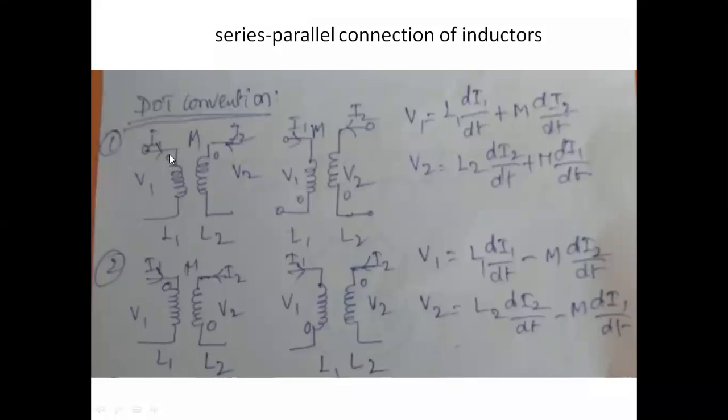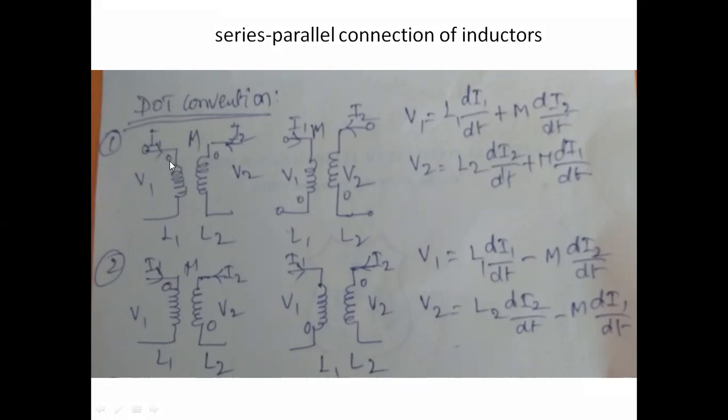Here you can observe that there are dots at the coils. At the starting of the coil we have a dot. This particular representation indicates the dot representation. It shows the generation of the flux, or the current flowing through this path.